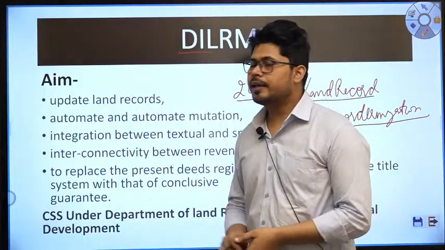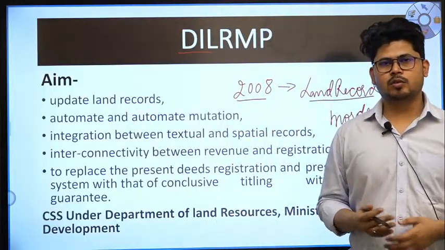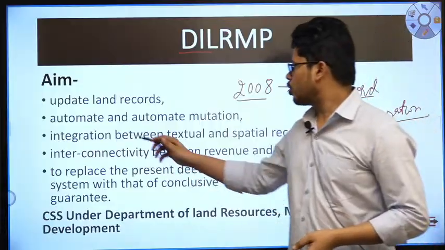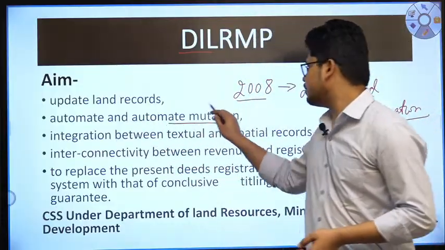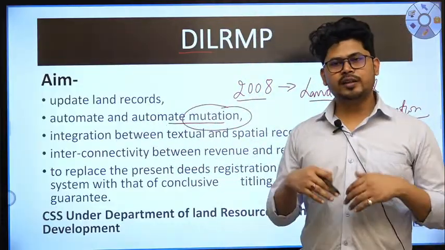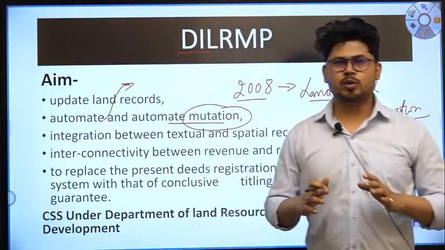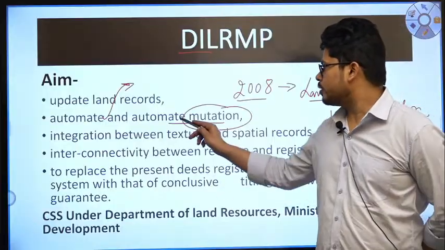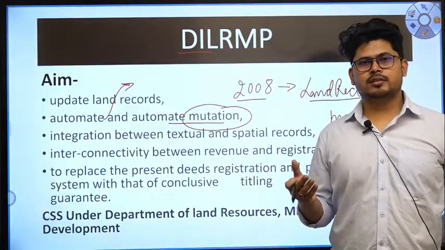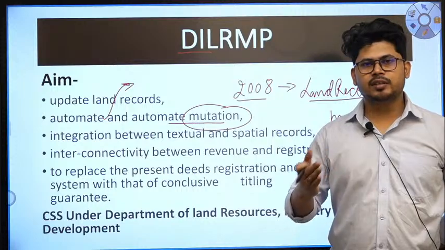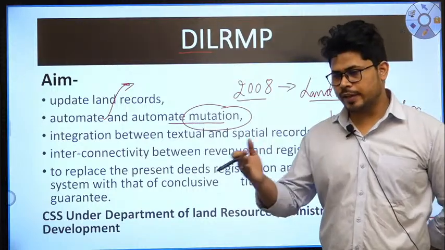What is its aim? Its aim is to update land records, automate mutation. Mutation means changes, automate the whole process. The first one is automate the whole process, that is make the whole process computer based, and automate the mutation. Mutation means changes, any kind of changes that are happening in the registers of the various departments.